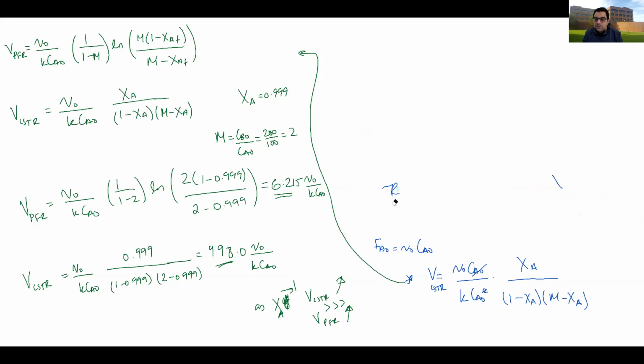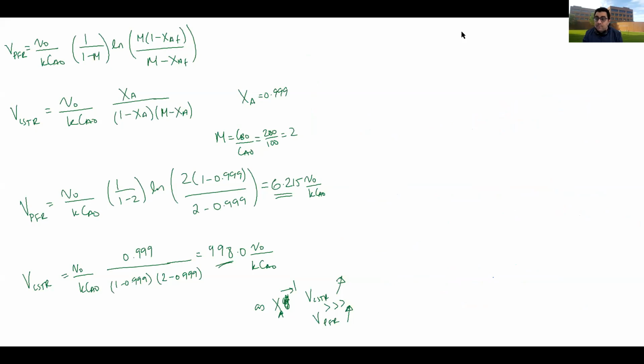Just for your comparison, if I'm taking a look at these parameters here, when XA is equal to 0.999, I find out that the volume of the PFR is 6.215 V naught over KCA naught, and the volume of a CSTR is 998.0 V naught over KCA naught.